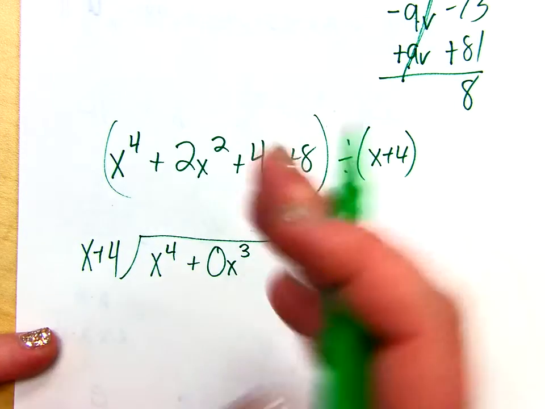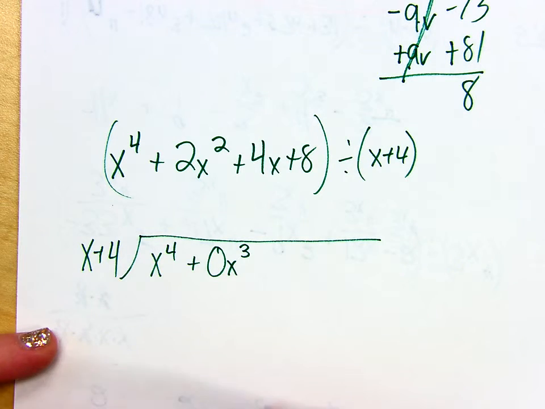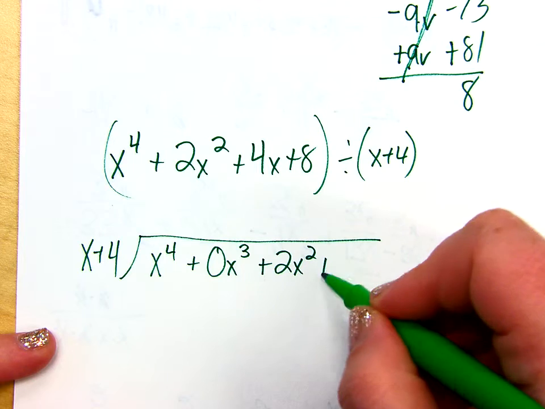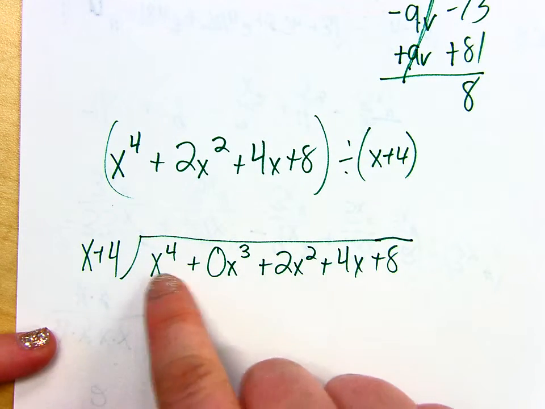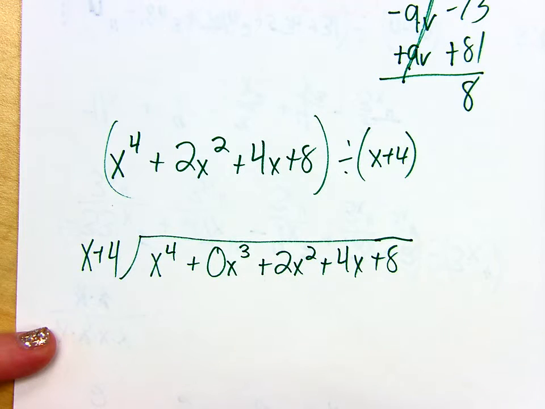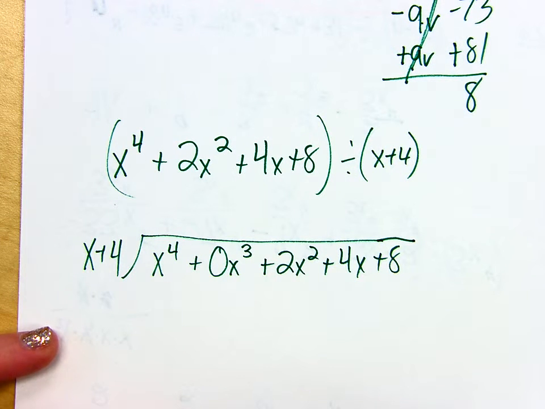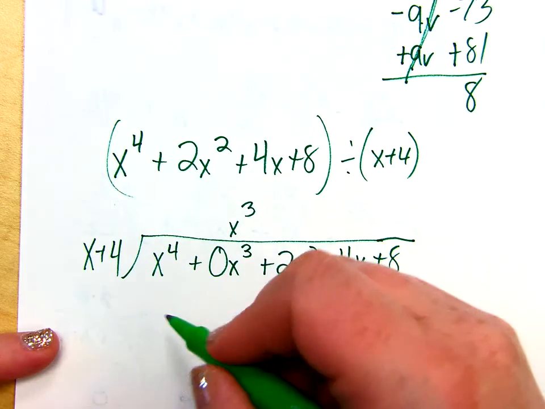It's gone, but I need a placeholder. I need somewhere to put all my x to the thirds. If I don't have it, I'm going to get all messed up. So plus 2x squared plus 4x plus 8. Now everybody else is there: 4, 3, 2, 1, none. So you always want to check before you start. I'm just going to see how these numbers come out.